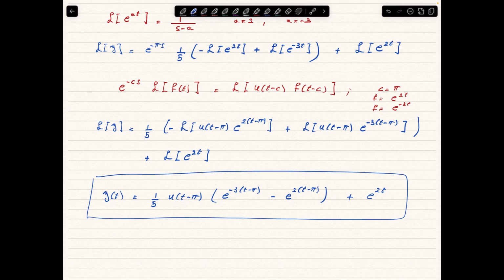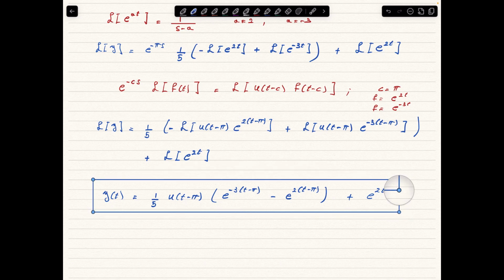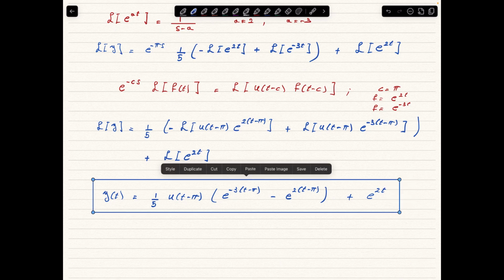And this is how we use an impulsive force on the right hand side, and we solve an equation with an impulsive force using the Laplace transform method.